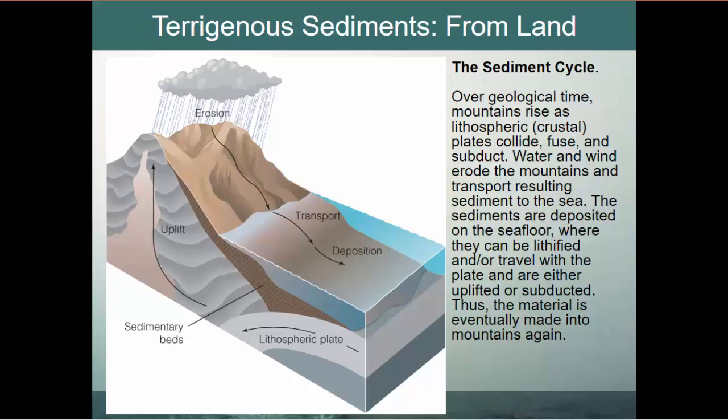Perhaps water is involved, and eventually it's deposited out on the continental margin somewhere, or maybe even out in the abyssal plain, and as layer upon layer is deposited, eventually you may get sedimentary rock that forms. Then as lithospheric plates collide, the lithospheric plate where the new sedimentary rock is formed is subducted underneath the continental plate, where once again you may get some melting and some uplift, and the whole process continues.